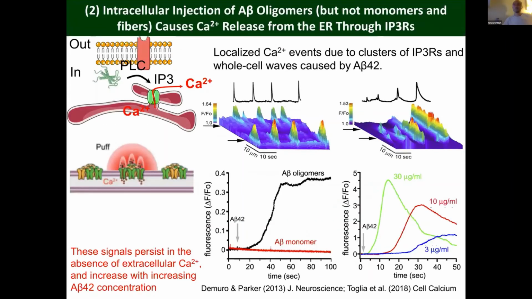The second pathway is when you inject amyloid beta into the cell, into the cytoplasm. It activates the PLC pathway that generates IP3, and that brings calcium into the cytoplasm. These calcium ions can be localized, in other words they wouldn't spread throughout the cell. Clusters of these IP3 channels release some amount of calcium, but that calcium doesn't spread throughout the cell.